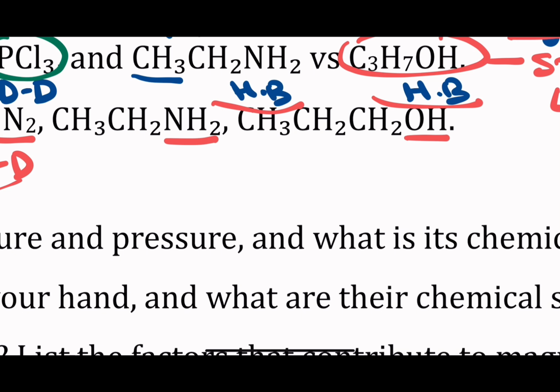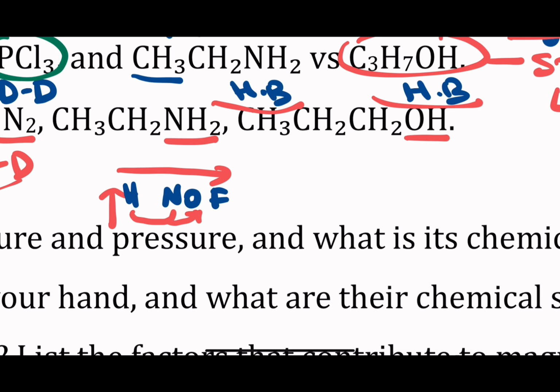Now if you look at the periodic table, you would see that nitrogen, oxygen, and fluorine are located like this, and the hydrogen is here. As you see, nitrogen is closer to hydrogen, but oxygen is one away.